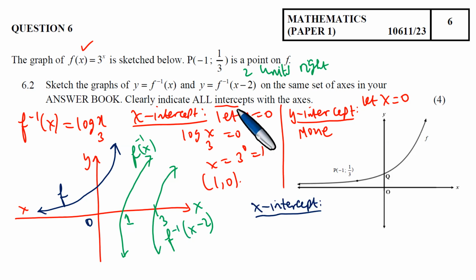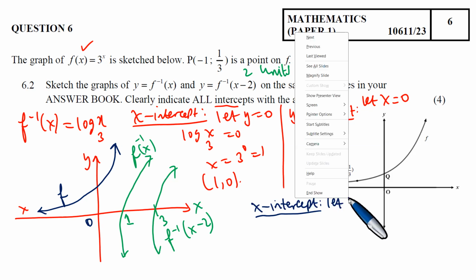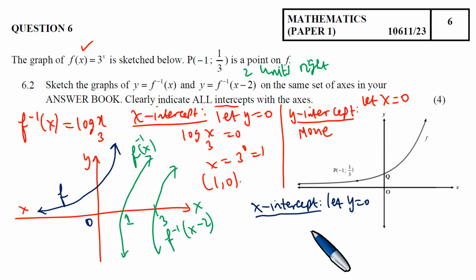But obviously another student can say, I can calculate the x-intercept of the new graph, this one. So if you want to find the x-intercept, you let, for instance, y be 0.